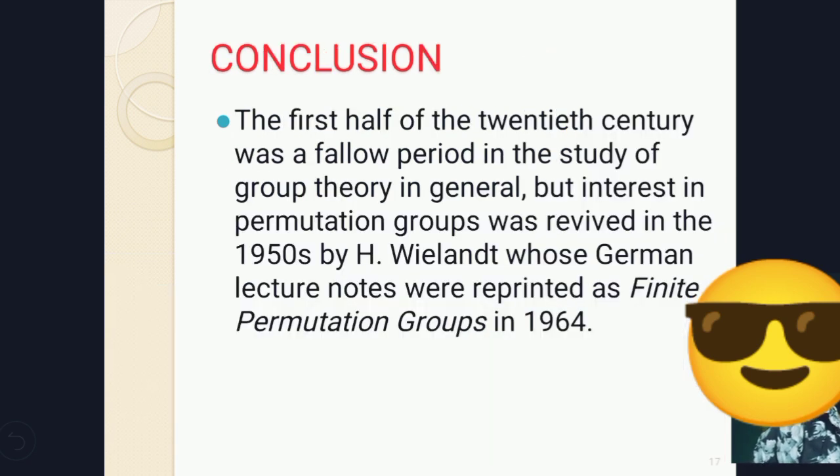The first half of the 20th century was a fallow period for the study of group theory in general, but interest in permutation groups was revived in the 1950s by H. Wielandt, whose German lecture notes were reprinted as Finite Permutation Groups in 1964.